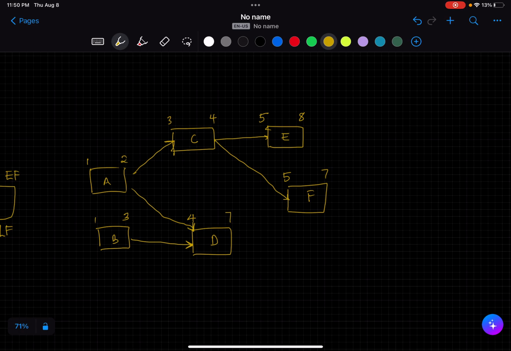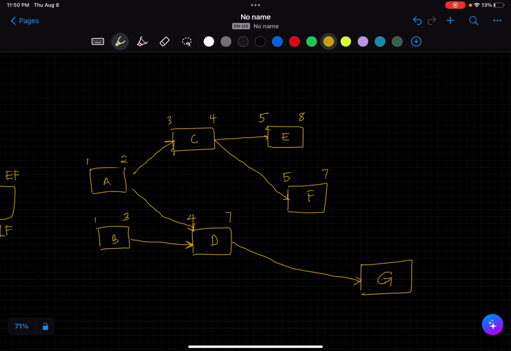That's F. Then G. G starts after D and E. This is D, this is E. This makes it a bit complicated because of how this is located. There will be some overlap, but all the same, we can come to G. Let's put G down here. G starts after D and E. D finishes by 7, E finishes by 8.